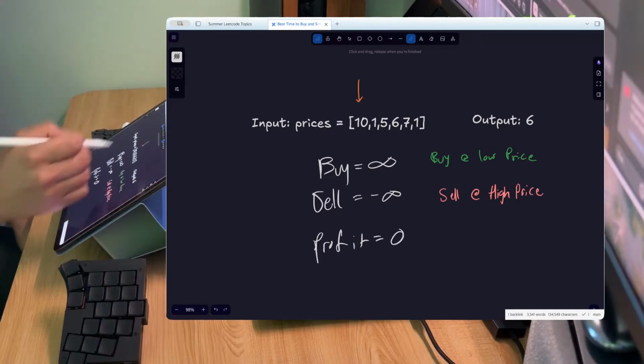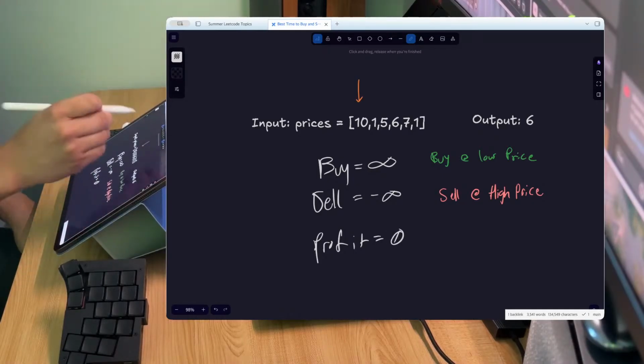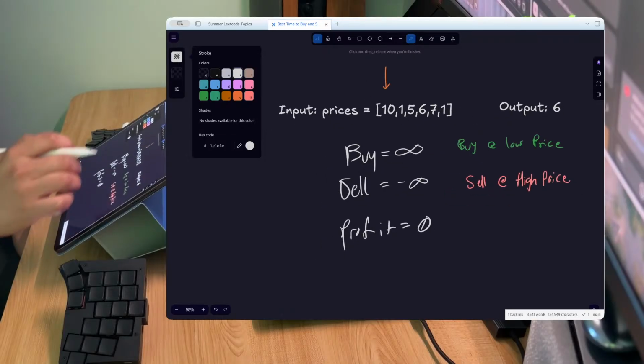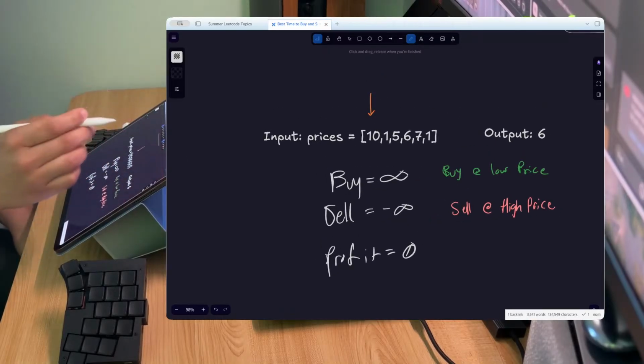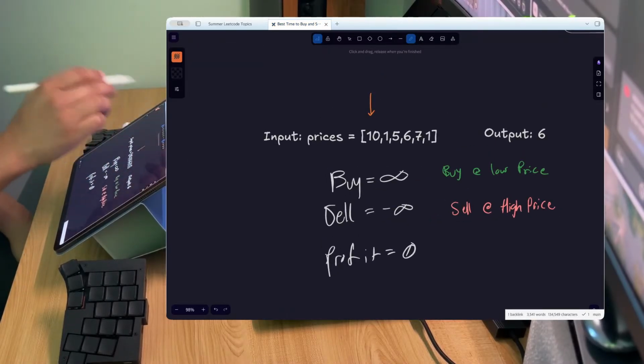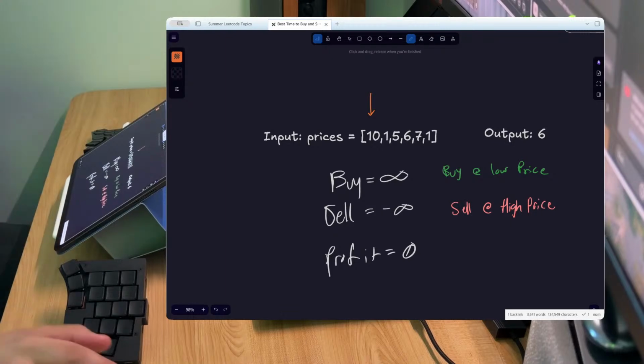Set it to 0. I think setting profit to 0 makes sense because eventually if we cannot make a profit, we just return that.